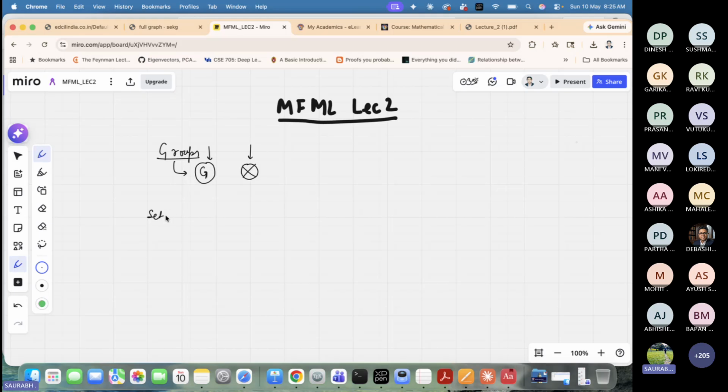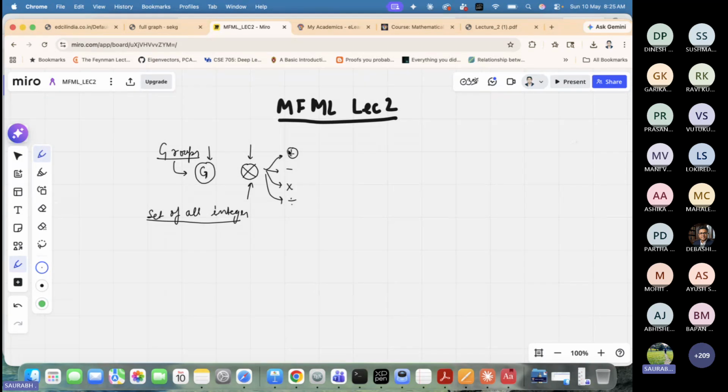Now, when you have a set and a binary operation, what kind of binary operation do we have? Addition, subtraction, multiplication, division. All of these are binary operations for us. So think of any binary operation, say addition.